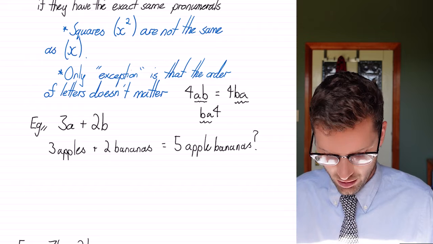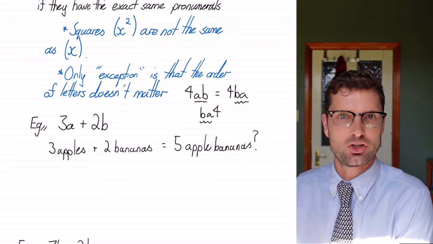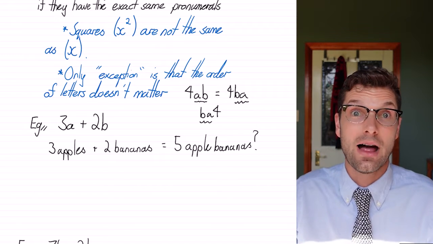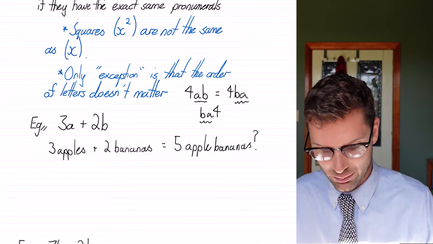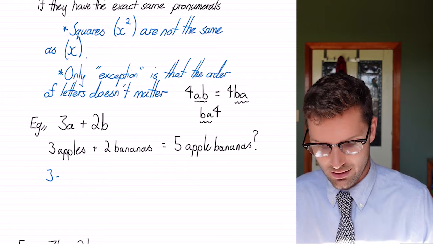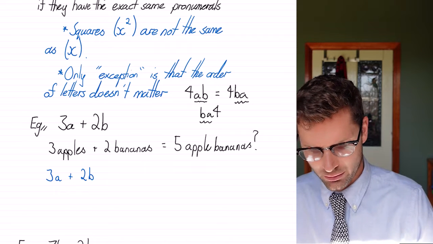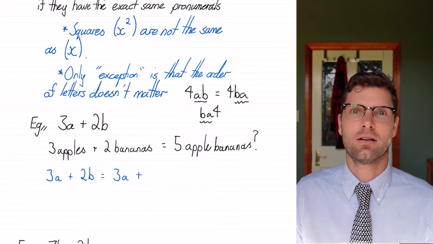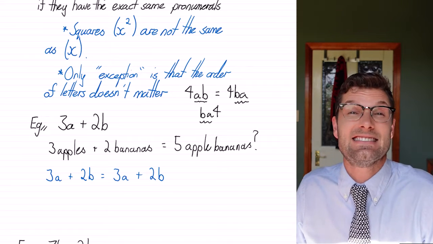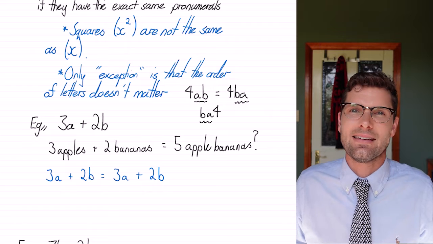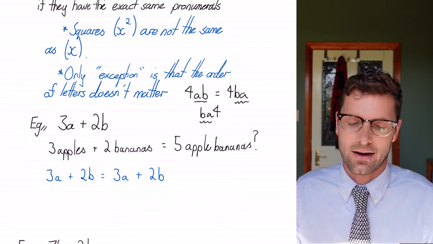You would say, oh, I've got 3 apples and 2 bananas. That's actually the full answer for this, so you don't even have to do any maths. The correct answer to simplifying this question is I've got 3 apples and 2 bananas. And that's it. So this is one of the examples where algebra is actually much easier than regular maths. You don't have to do anything if these terms aren't like.